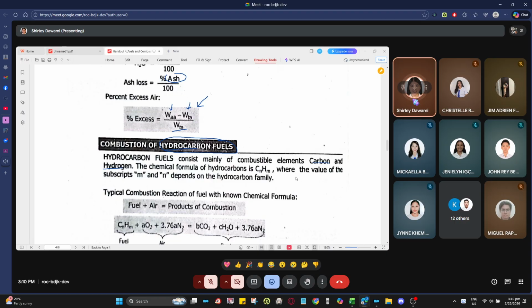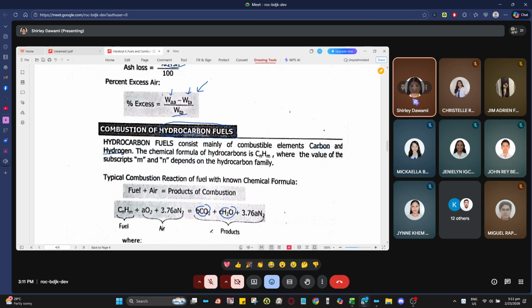When carbon and hydrogen burn in oxygen, they produce CO2, carbon dioxide, and H2O.